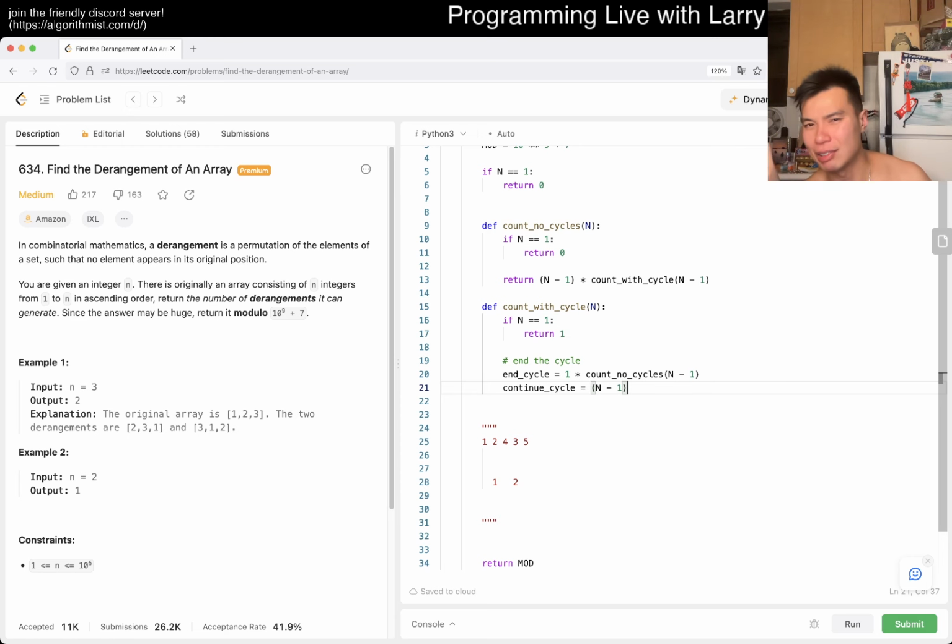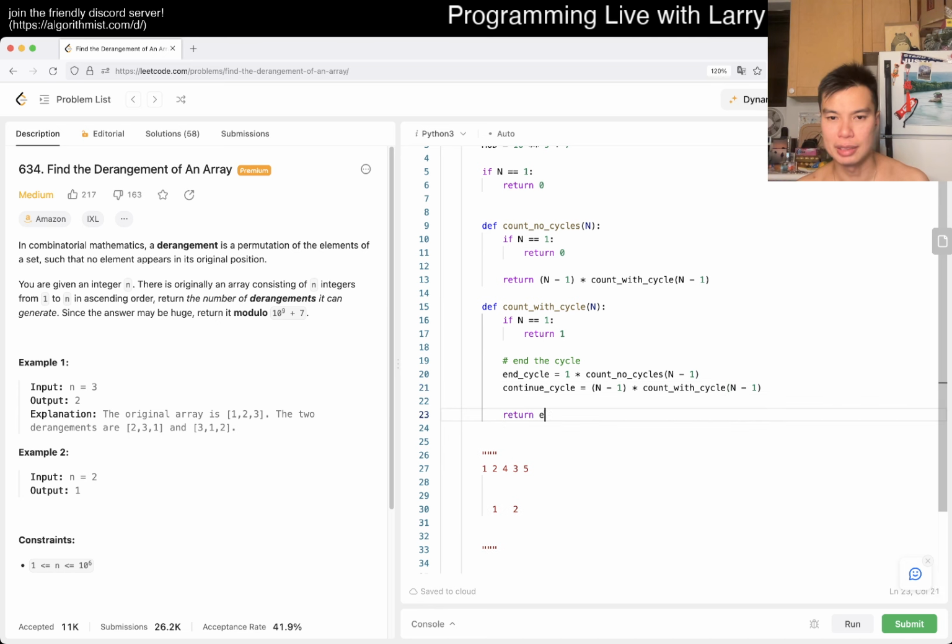Another way to think about this is that your seat is taken. If your seat is taken, then you have to take someone else's seat, and here you can take your own seat. I think that's basically the idea. So continue cycle is count with cycle times n minus 1, and then we return end cycle plus continue cycle.